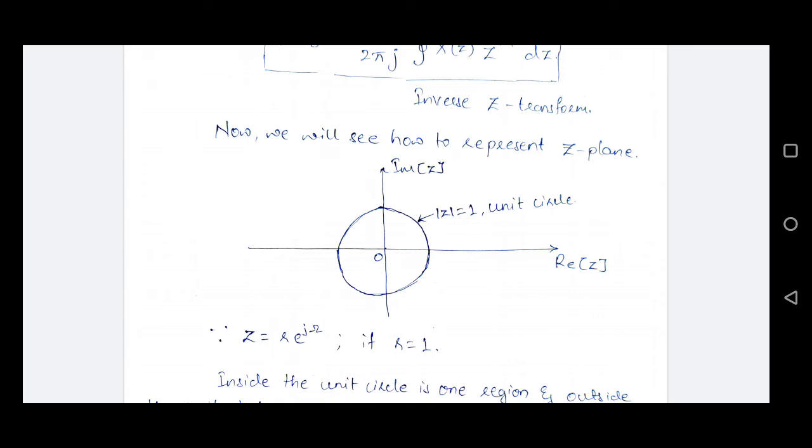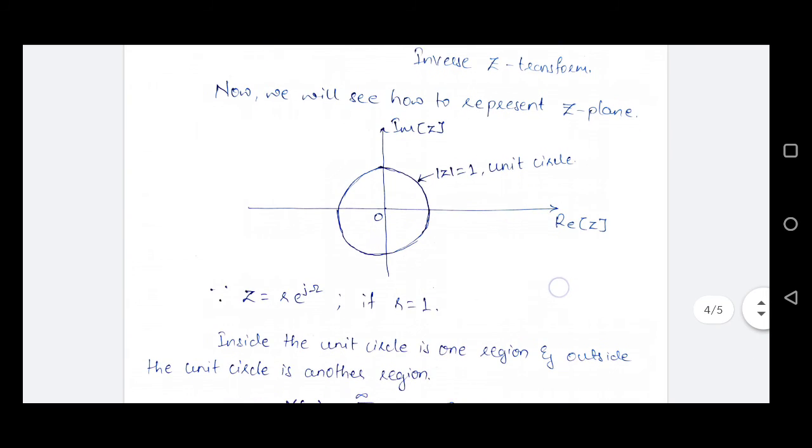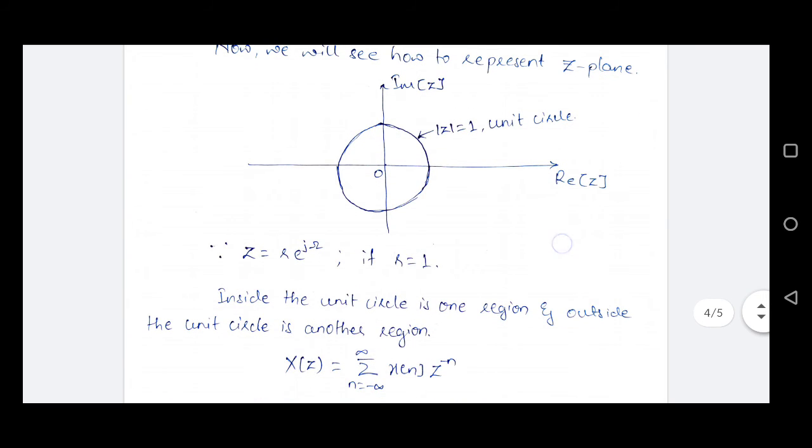Then the region of convergence, or the values of z that we evaluate for the Z transform, forms a closed path. So the region of convergence for Z transforms will always be represented by a circle. On the Z plane, the values of z that will be evaluated are represented on the circle.